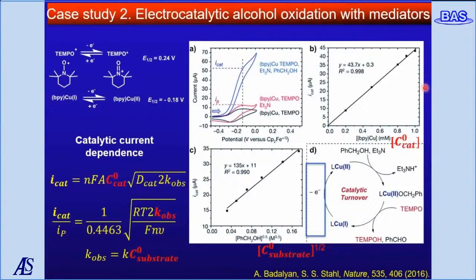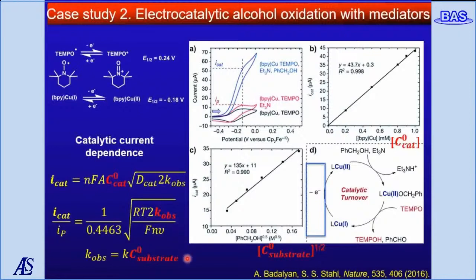Similarly, a half-order dependence on the alcohol substrate was observed. With this knowledge in hand, adopting a kinetic framework formulated by Saveant, the ratio of i_cat over i_p is dependent on the scan rate, according to this equation, where k_obs is the observed rate constant.